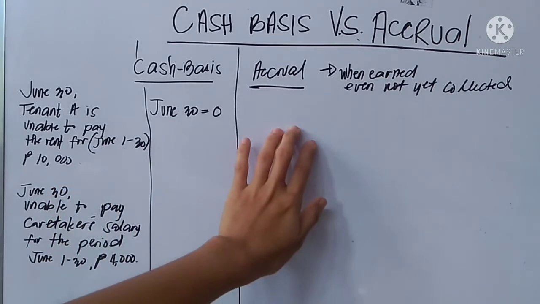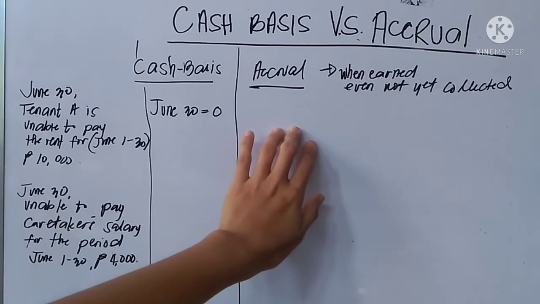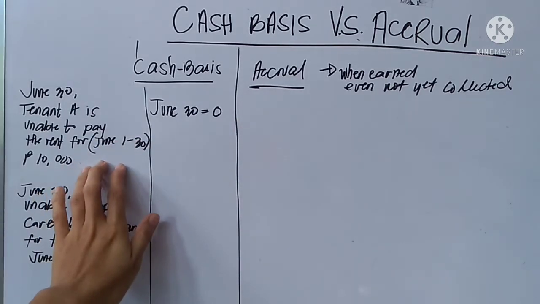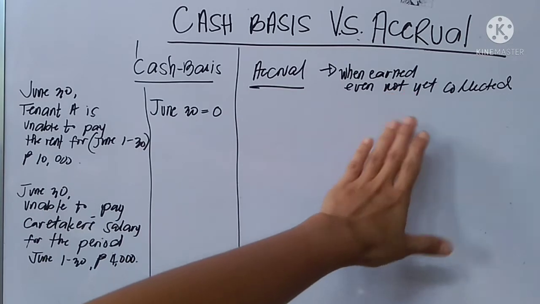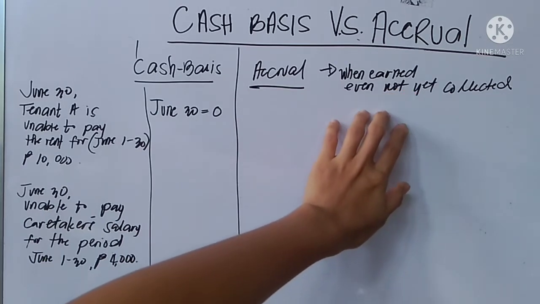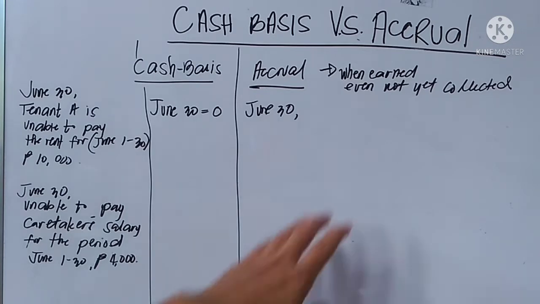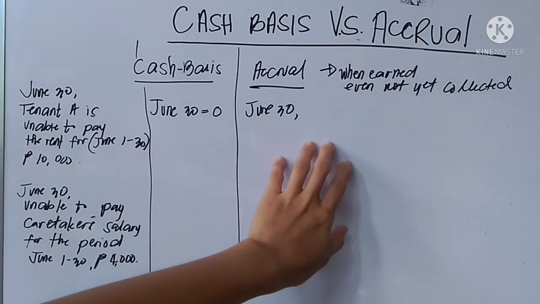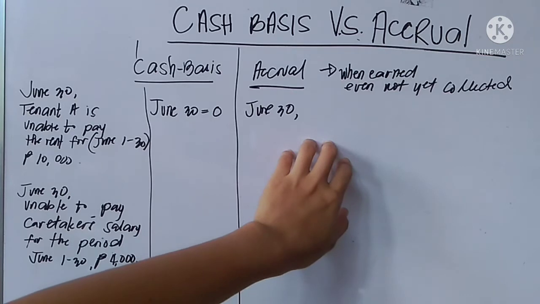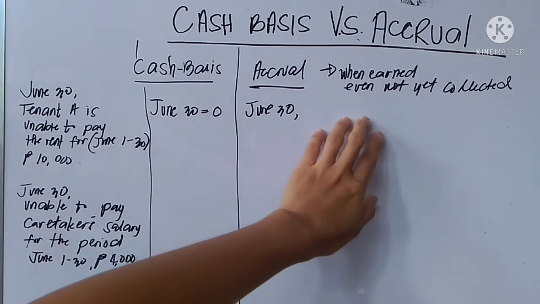So, how will we record the income that is not yet collected but is already earned? So, dito under the accrual accounting, meron tayong account title na ginagamit in recording the unearned income.